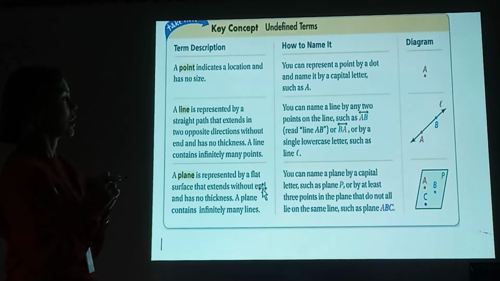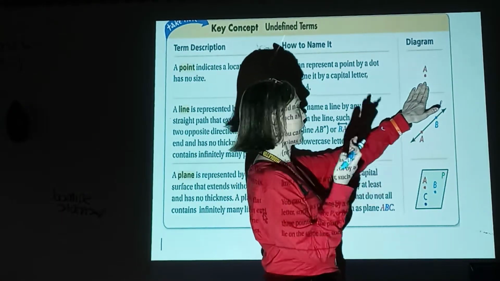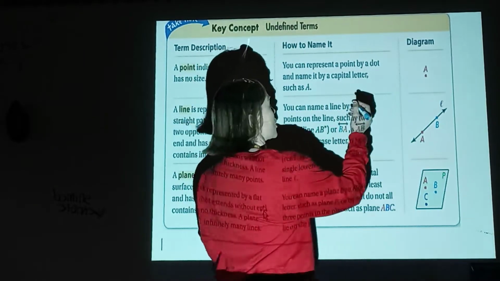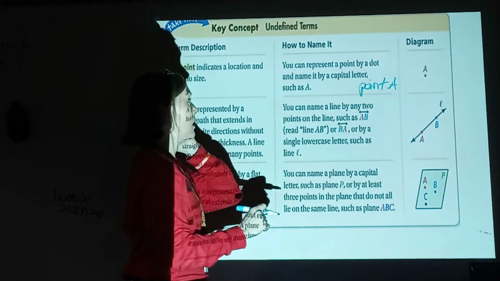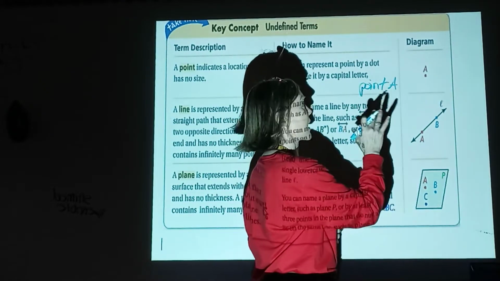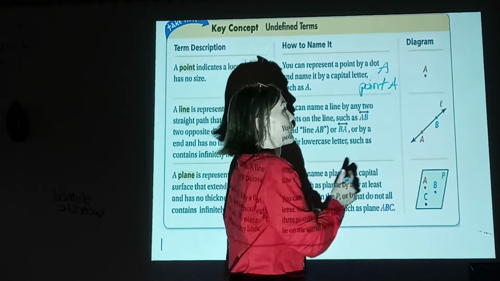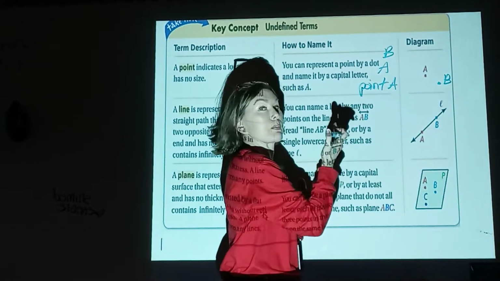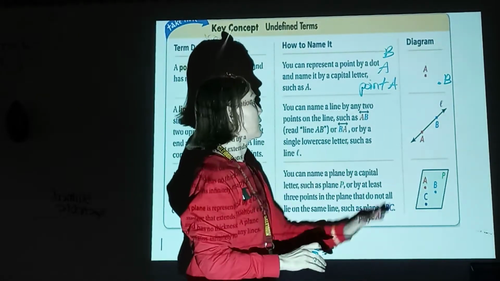That's what it will look like anywhere in your assignments, okay? But the way that you write it is you just write point A. That's it, okay? Or it could be represented with just a capital letter A, okay? So if there was another point, like point B, you could just write the capital letter B, okay?